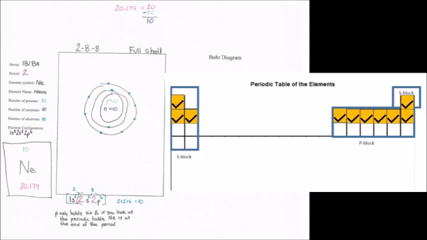Our element symbol is Ne, which again is neon. We have 10 protons. We take a look at our atomic mass, which is 20.179. We know that's just 20. So we subtract the atomic number of 10, and that gives us 10 neutrons. 10 protons, 10 neutrons, and again, we're going to have 10 electrons.